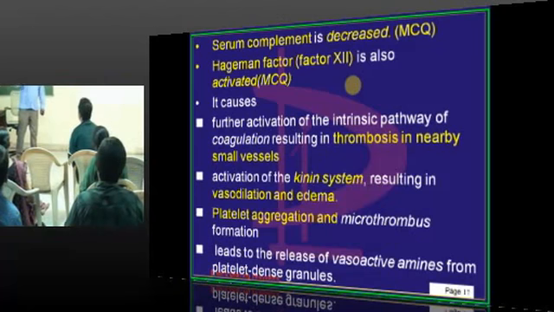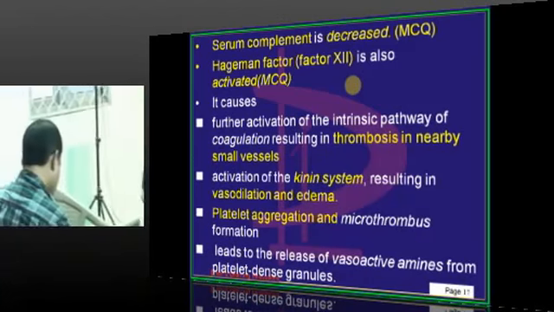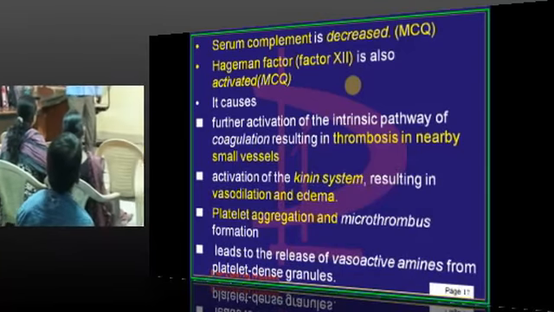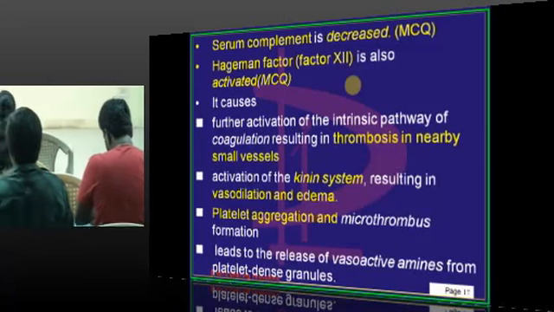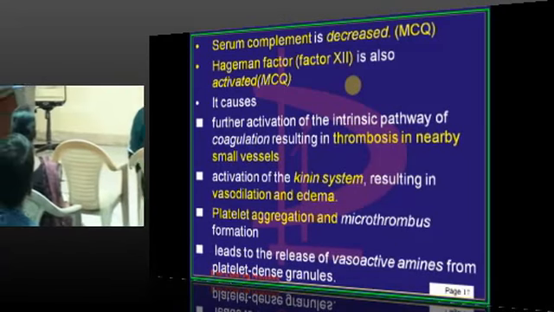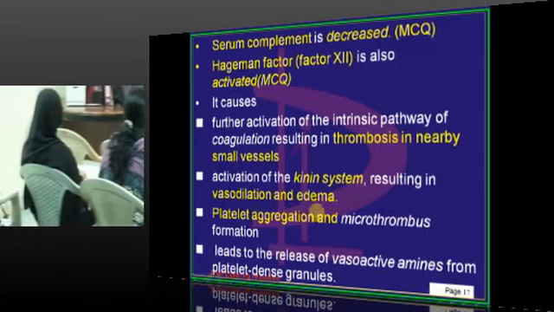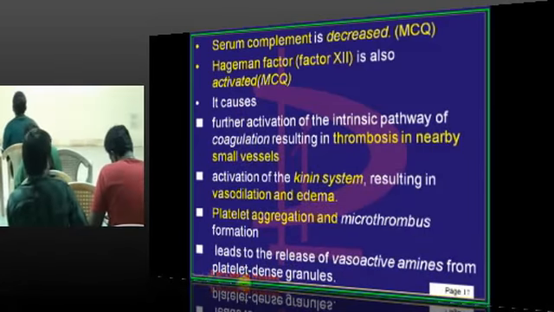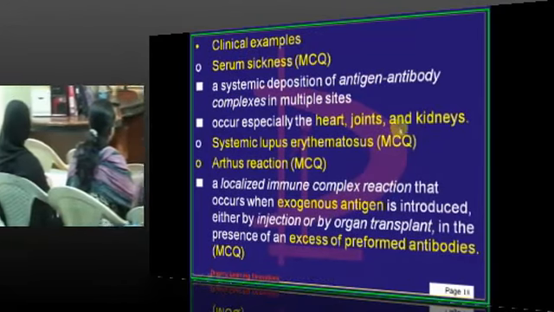The other day in inflammation we studied, Hageman factor is capable of activating the kinin system, complement system, clotting system, fibrinolytic system, everything it can activate, right? So it leads to the activation of thrombosis, vasodilation and edema, and platelet aggregation. All these are caused by the Hageman factor, is what needs to be remembered.